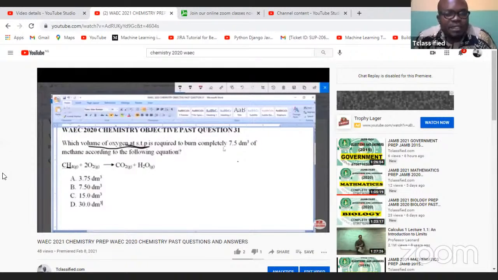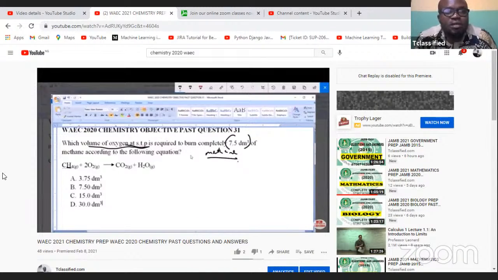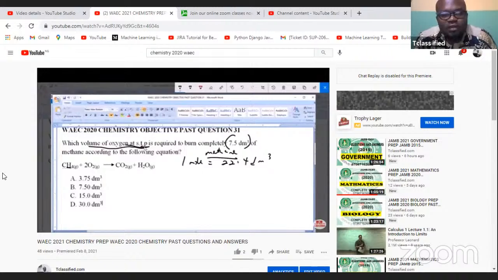So we'll start by saying that at STP, 1 mole is supposed to contain 22.4. 1 mole of methane is supposed to contain 22.4 dm³. But we are not looking at the volume of 22.4, we are looking at the volume of 7.5.